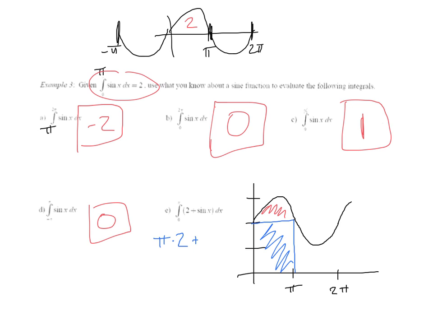It's the same exact graph from 0 to pi of sine. So add a 2 to it. And I really can't simplify that anymore. I guess I could say it's 2 pi plus 2, and that would be my best answer for letter E.